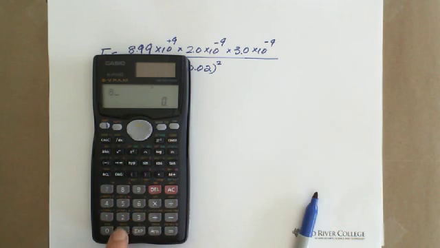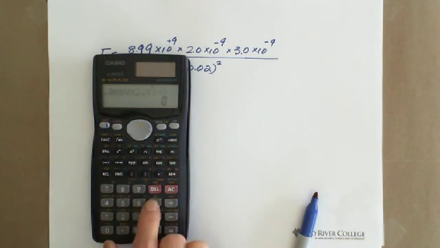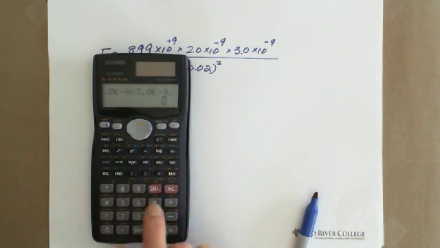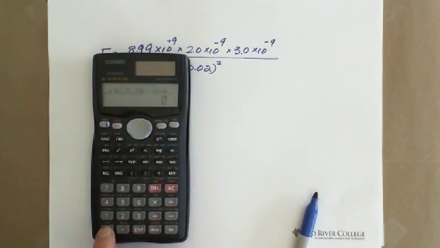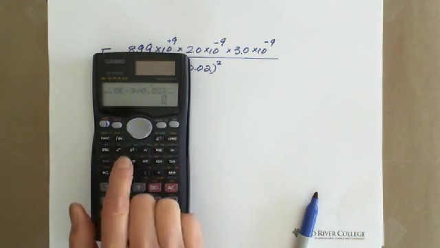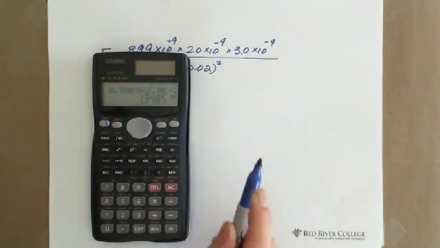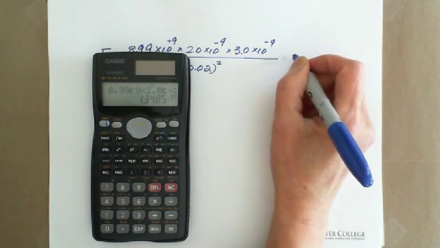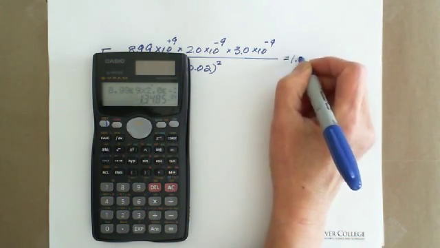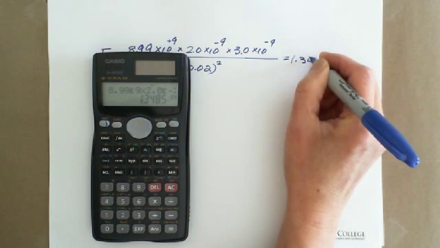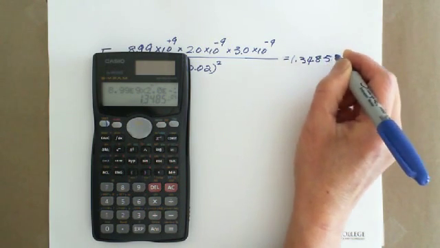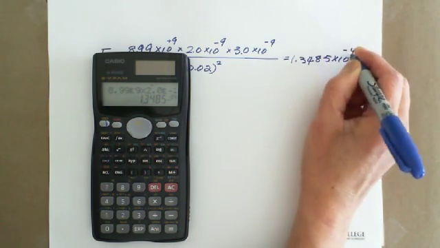You have 8.99 exponent 9 multiply 2.0 exponent negative 9 times 3.0 exponent negative 9, then divided by 0.02 squared. You get the answer 1.3485 times 10 to the negative 4.